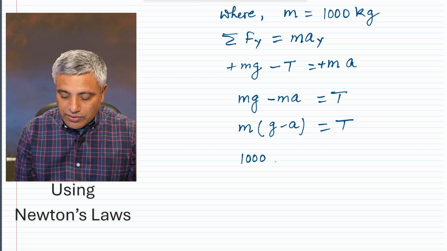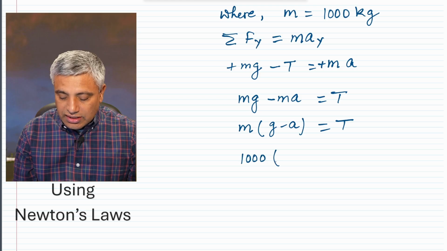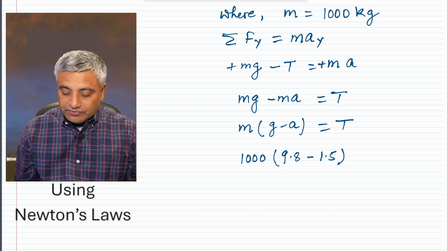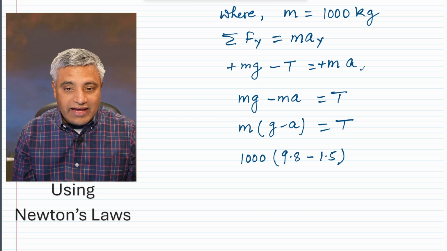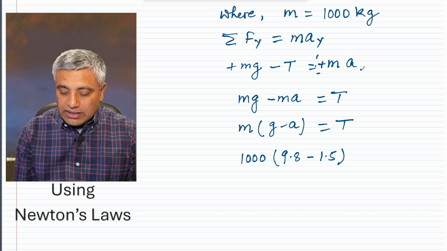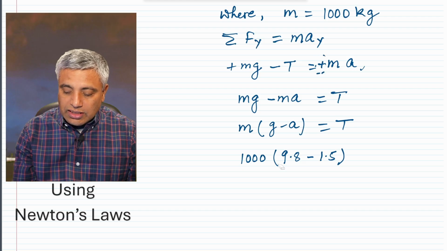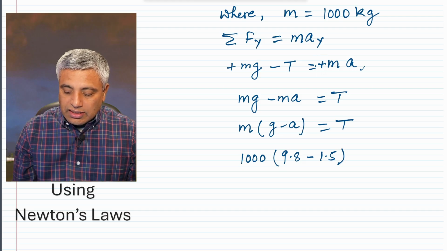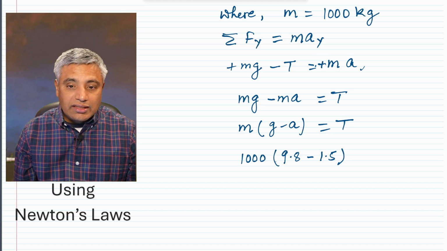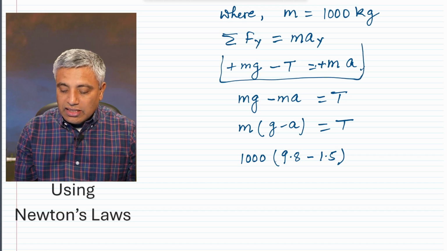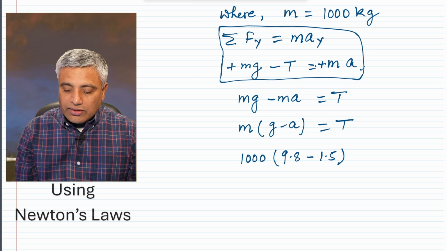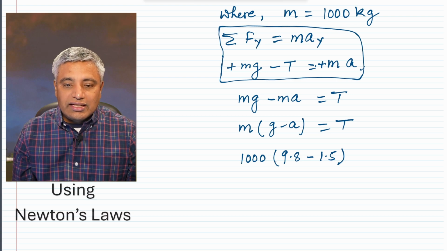So that's what I'm doing. So mass is 1000, g is 9.8, and then acceleration is 1.5. And remember, in this equation, the acceleration a is just the value. Direction, we already took care of that. So do not try to use that direction down here in the equation. Use that direction in the free body diagram, and then while expanding this equation. That's it.